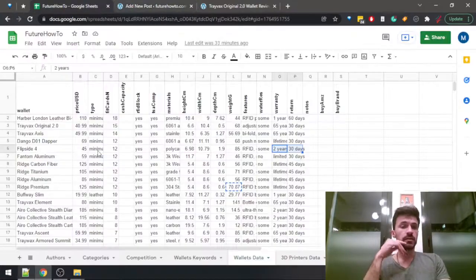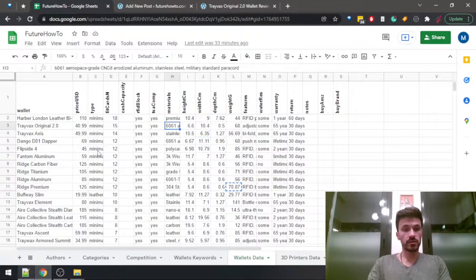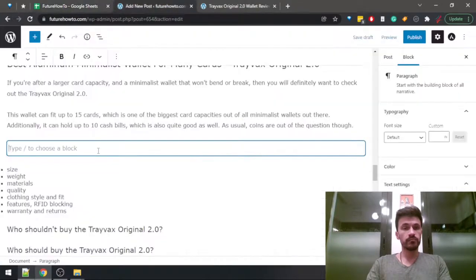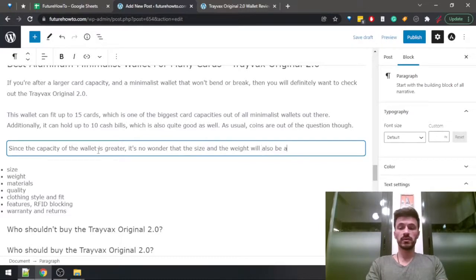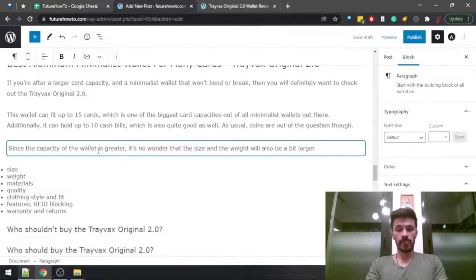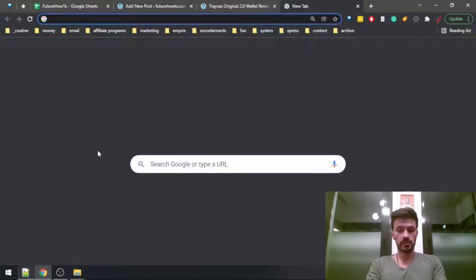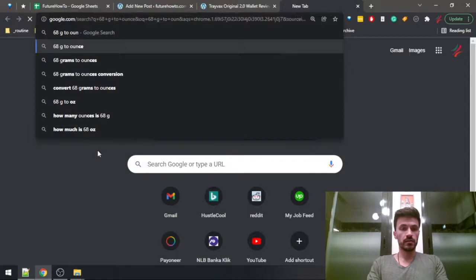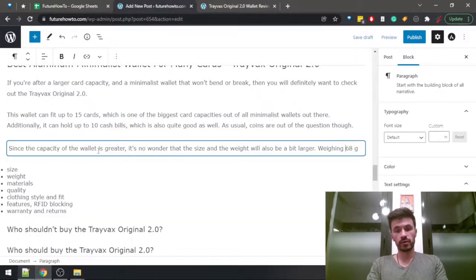Size, weight. Okay, let's see what we got here. Since the capacity of the wallet is greater, it's no wonder that the size and the weight will also be a bit larger, weighing 68 grams. This is 2.4 ounces.